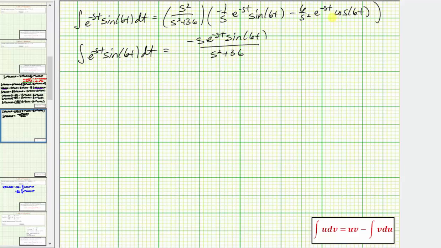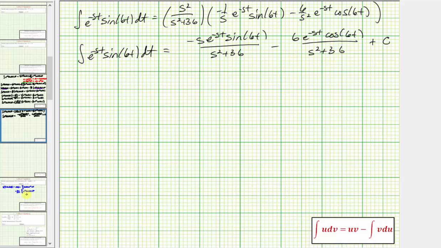And then for the second product, notice how both factors of s simplify out. So we're left with minus 6 e to the negative st cosine 6t divided by s squared plus 36. Now this is an indefinite integral, so we would also have plus c, a constant of integration.